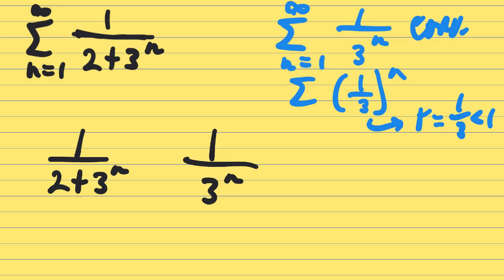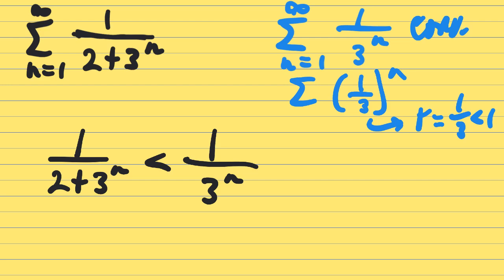The left fraction will have a smaller value because its denominator is slightly larger. If we're going to take 3 to the n and add 2, that's going to be more than just 3 to the n, creating a smaller value overall. Now 1 over 3 to the n, from the blue ink, we could write that as a geometric series. Its ratio is less than 1, so it's convergent.